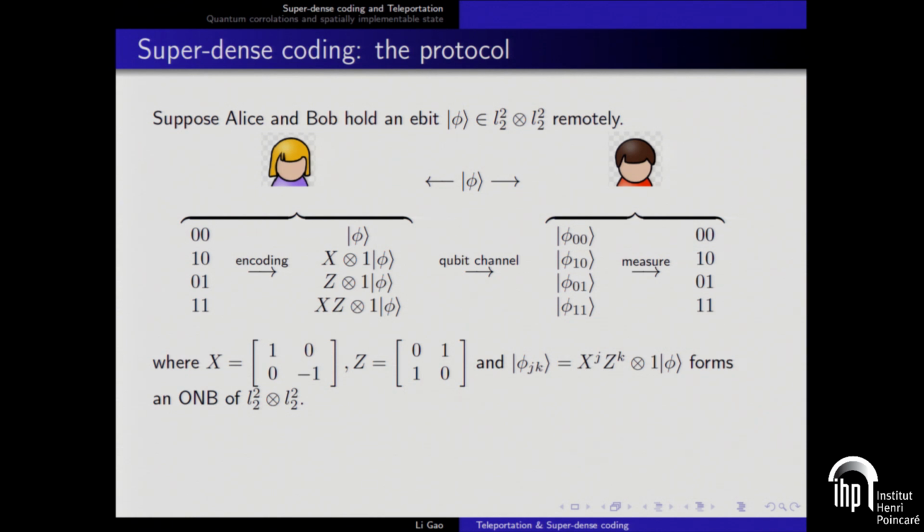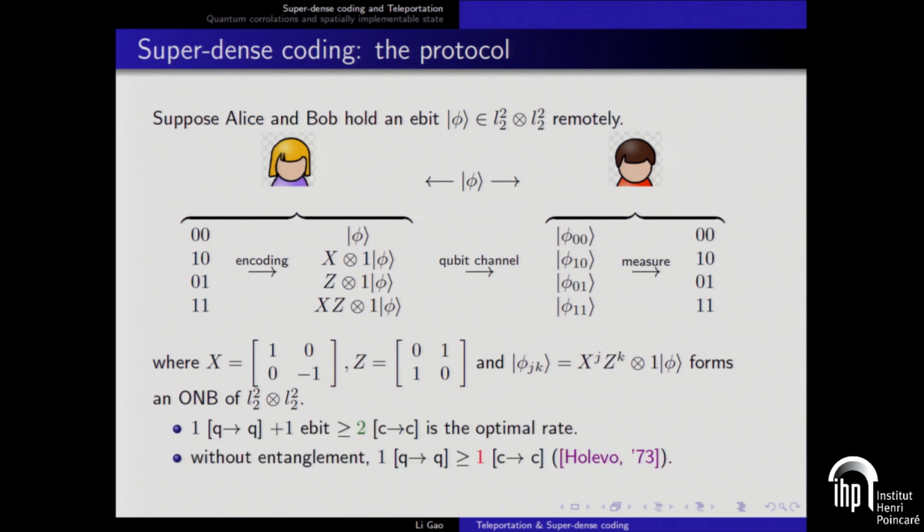Because it is an orthonormal basis, Bob can measure perfectly to recover the classical information. So superdense coding really means that with the help of these entangled bits, one can encode 2 classical bits of information into 1 qubit quantum channel. Without entanglement, one can at most do 1. This is by Holevo's bound.